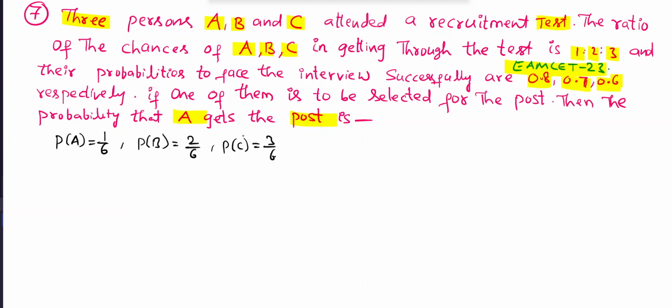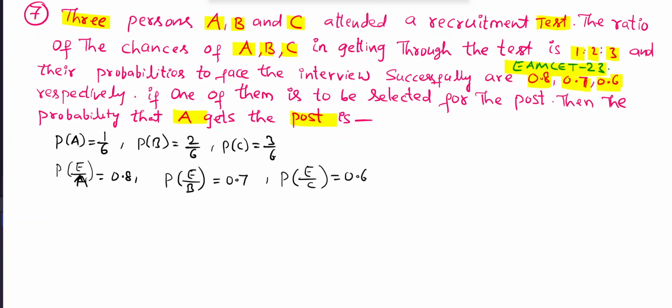These ratios are given, and the probabilities of facing an interview successfully are, that is, probability of E by A1, E by A1 is given, that is 0.8. Probability of E by B is equal to 0.7, and probability of E by C is given, that is 0.6.